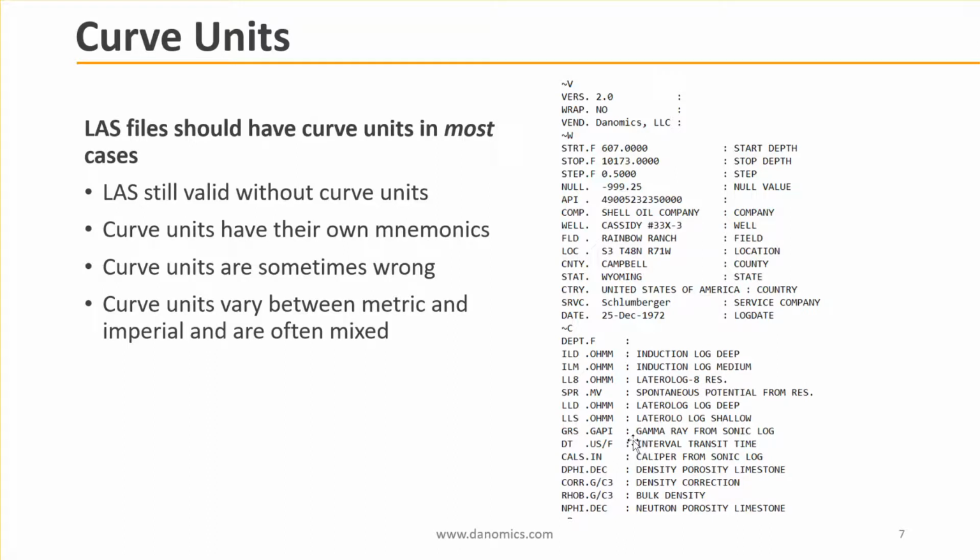So there can be different mnemonics there. Same for density, for example. Here it's grams per centimeter cubed, but it could also be G per cc or G per cm3. So there can be a lot of different indicators of the unit there. You need to make sure to pay attention to that as well.